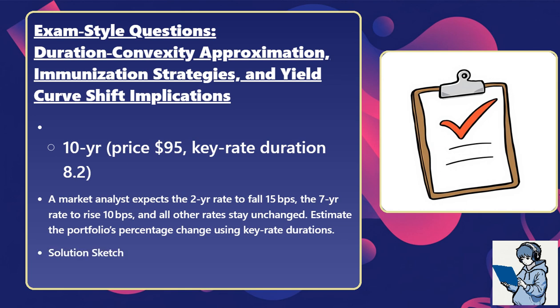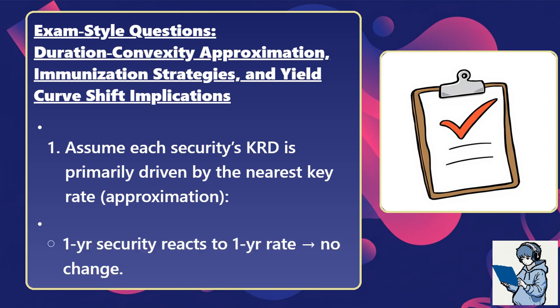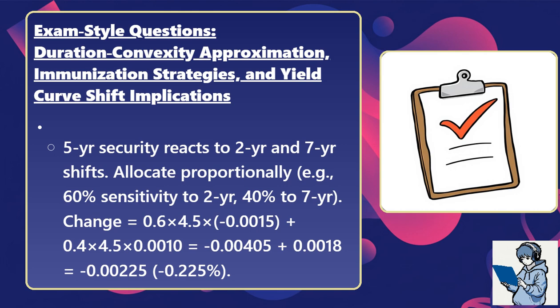A solution sketch. 1. Assume each security's KRD is primarily driven by the nearest key rate approximation. The 1-year security reacts to the 1-year rate: no change. The 5-year security reacts to 2-year and 7-year shifts. Allocate proportionally: 60% sensitivity to the 2-year, 40% to the 7-year.